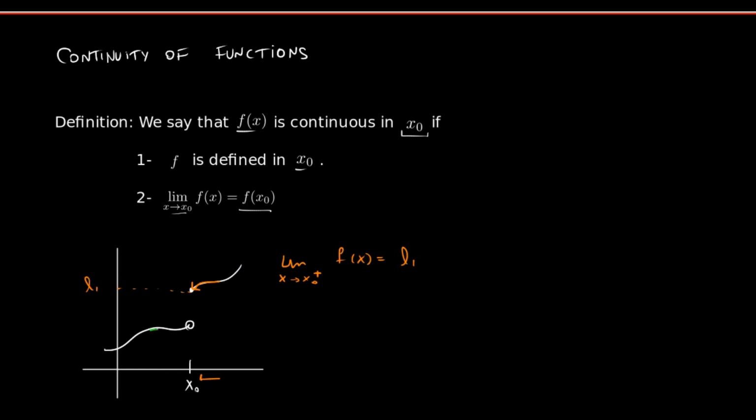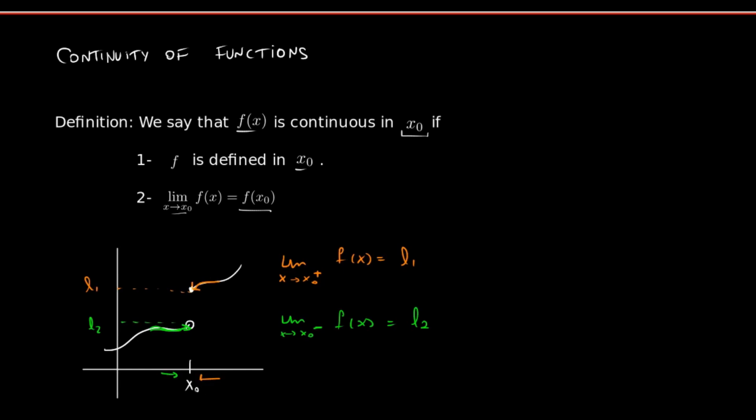And when we look at the values at the left, that is in this direction, it has this limit. Let's call it L2. So then the limit when x tends to x0 from the left of f is L2.